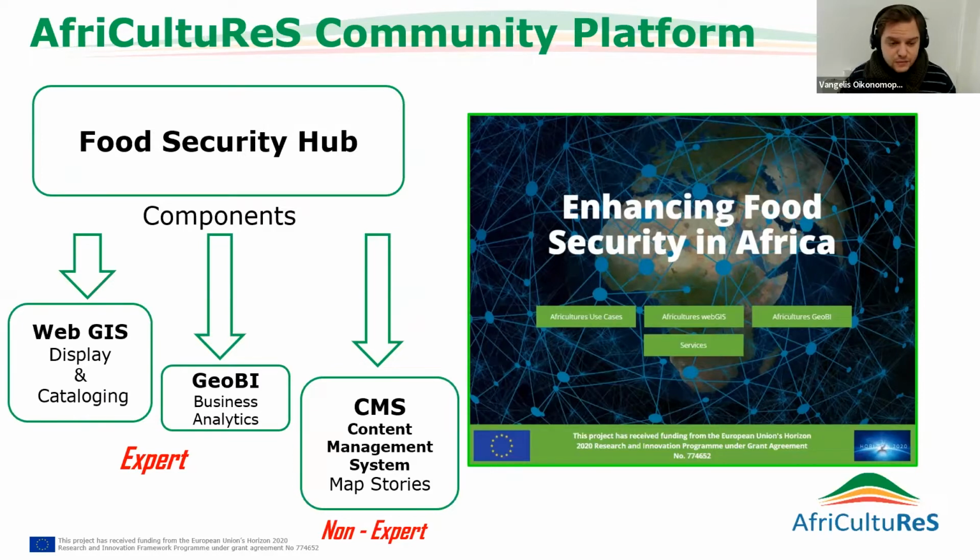It's the WebGIS, where someone can display the data on maps under a cataloging system, and the Geo BI, which is a business analytics tool, where the user can visualize the data in various ways, so that various variables can be monitored in dashboards.